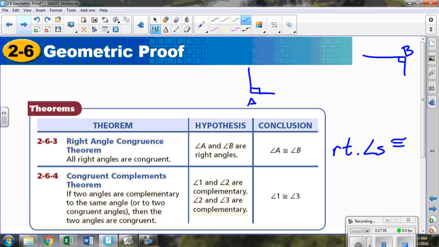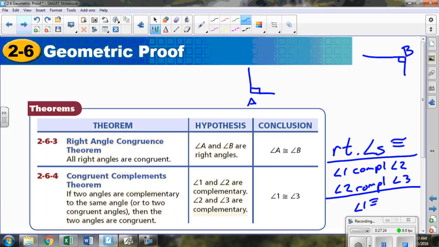So this would be used to say if angle 1 is complementary with angle 2, and then angle 2 is complementary to angle 3, those two things combined tell us angle 1 is congruent to angle 3. The rationale behind it is here. Suppose we knew that angle 2 was 40 degrees.